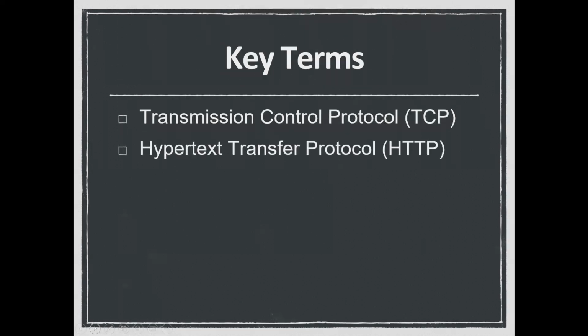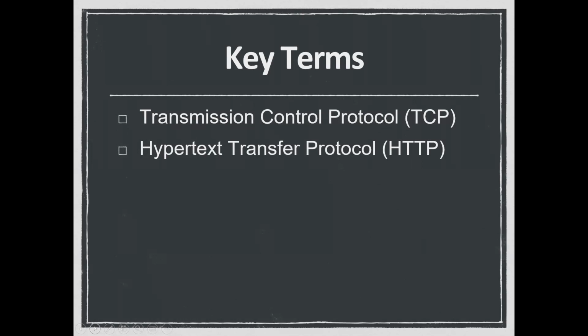The next key term is Hypertext Transfer Protocol, HTTP. You might recognize this because it's at the beginning of every website, right? You want to go to a website, you have to type in the HTTP colon whatever. Well, Hypertext Transfer Protocol is how links work.